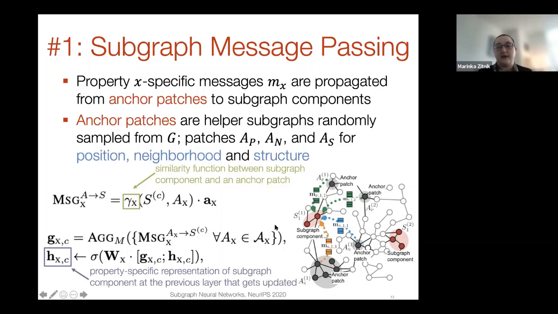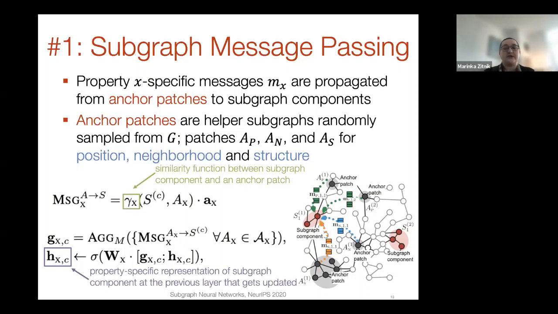And finally, because this process is repeated for every subgraph component that comprises the subgraph, to arrive at the final subgraph embedding, these component level representations are aggregated.